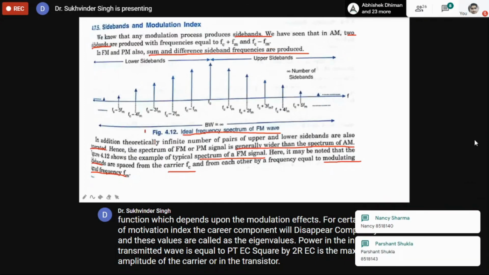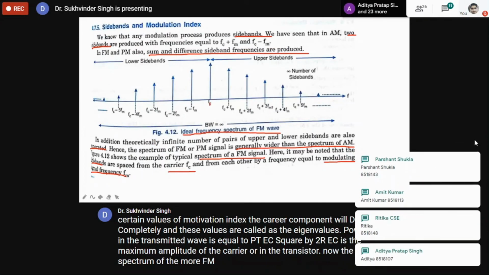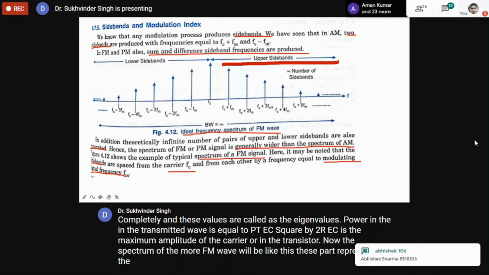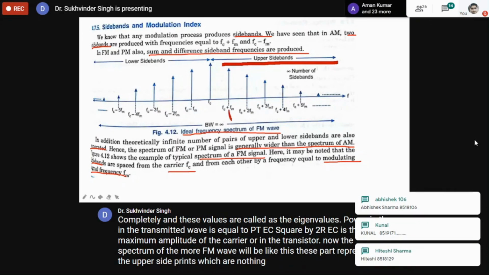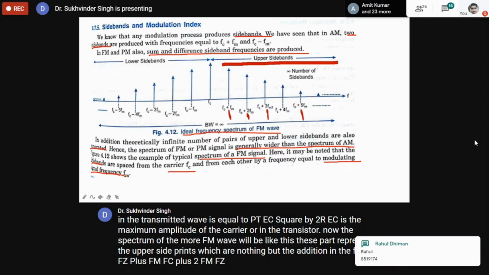Now the spectrum of the FM wave will be like this. This part represents the upper sidebands, which are nothing but the addition in the frequency fc plus fm, fc plus 2fm, fc plus 3fm, fc plus 4fm.